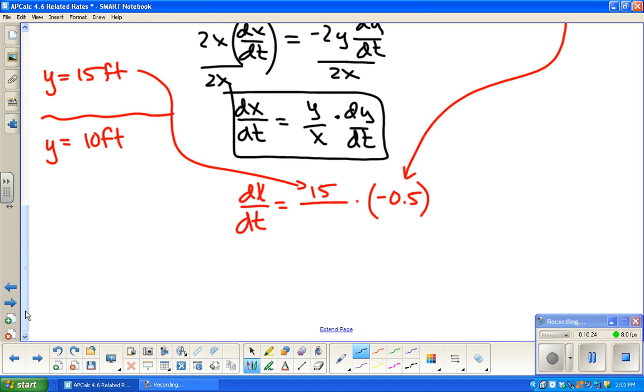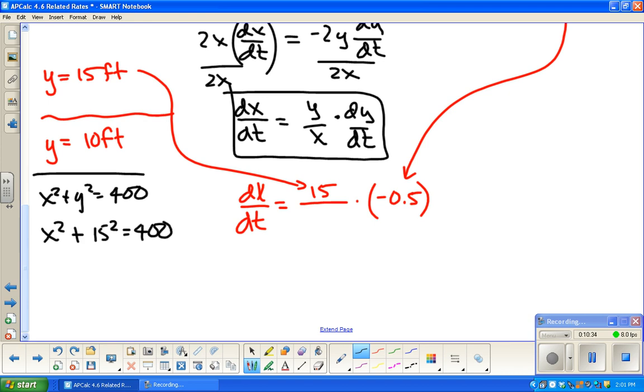Okay, so a little note to self here. I need to go back and find x. 400 minus 225 is 175. So x is the square root of 175, which is 5 root 7.